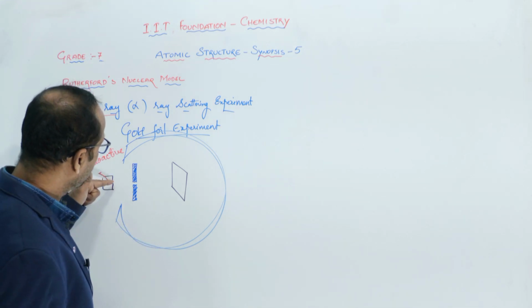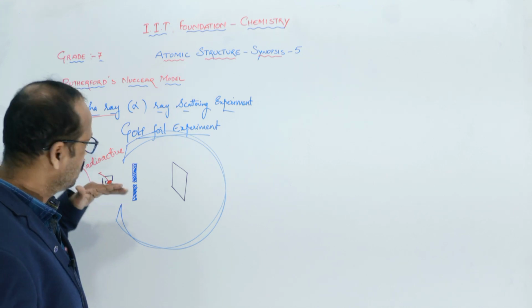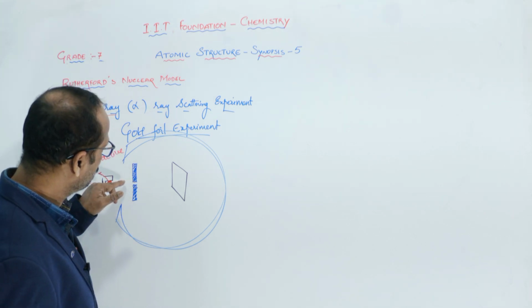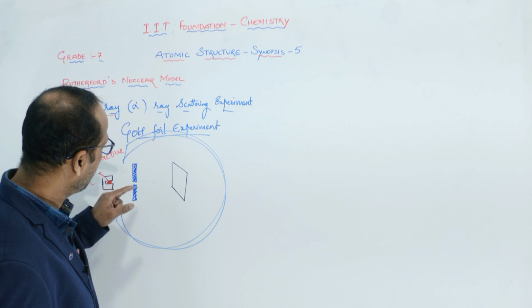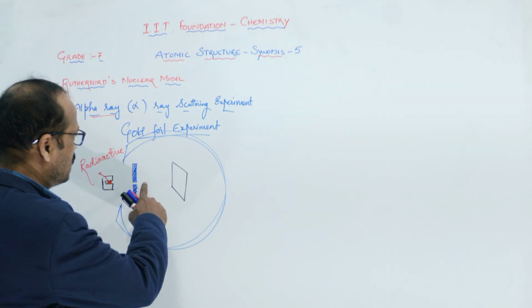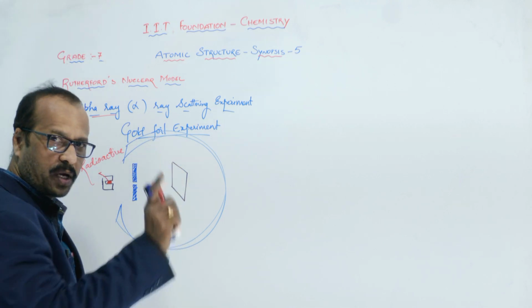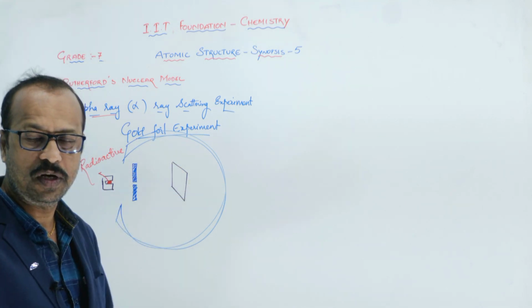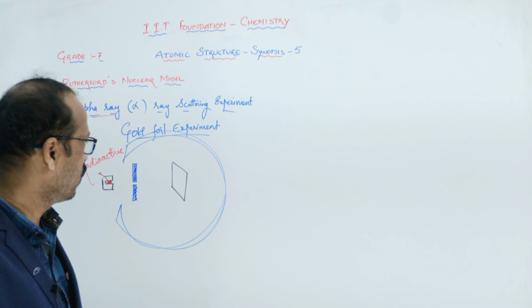These alpha particles are released from this material and pass straight through this slit, a small gap. Straight they are moving and they strike the gold foil. In their path he arranged one thin gold foil.